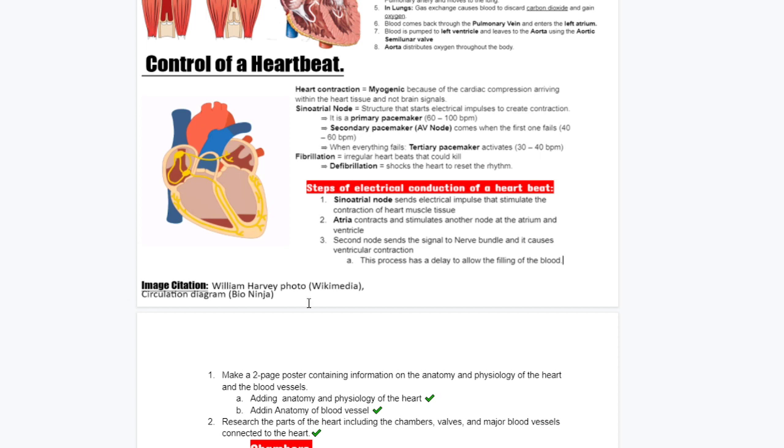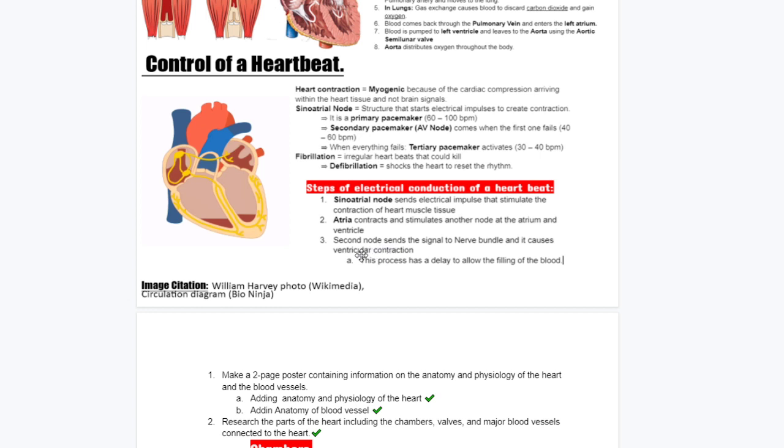So the steps of electrical conduction of a heartbeat are stated here. The first node sends an electrical signal impulse to stimulate the contraction of the heart muscle tissue right here, and the atria contract and stimulate another node at the atrium and ventricle.